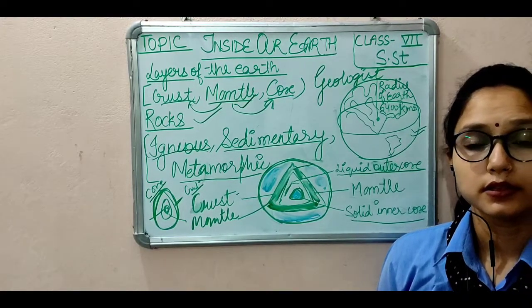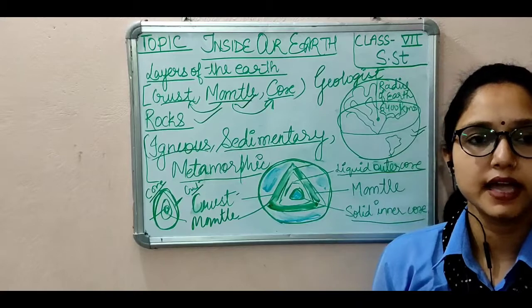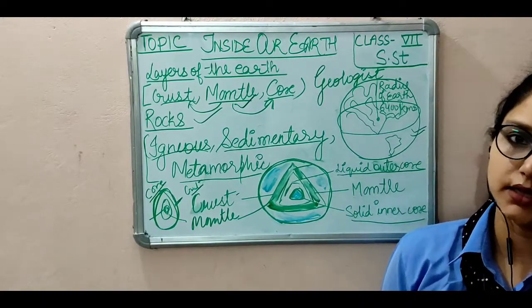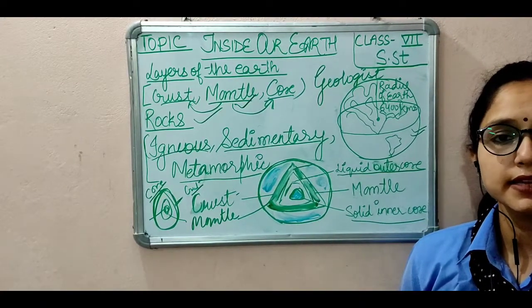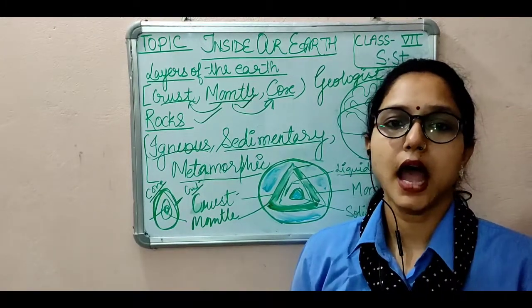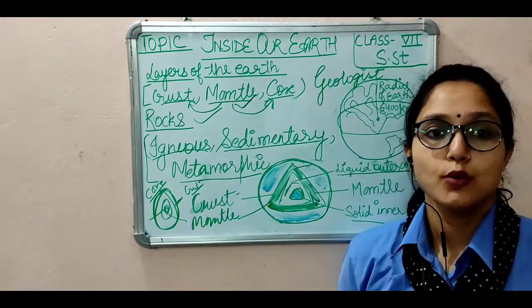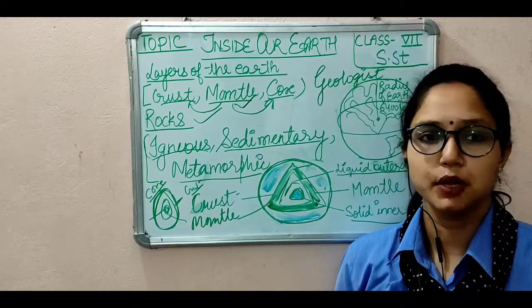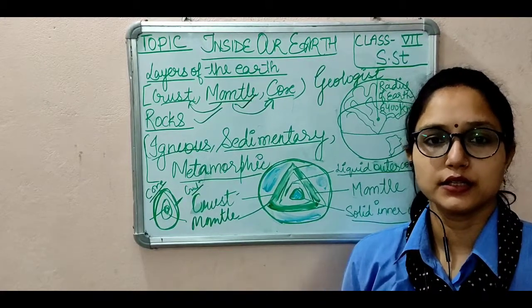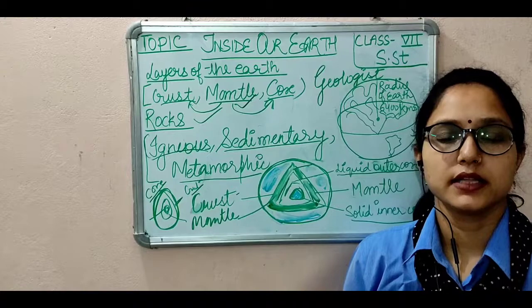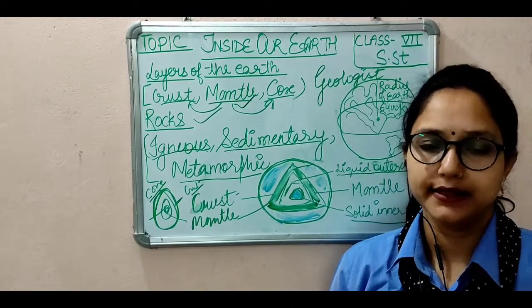The outer core contains mainly nickel and iron alloy. Both cores have extremely high pressure. So these are the three main layers that exist inside the earth.